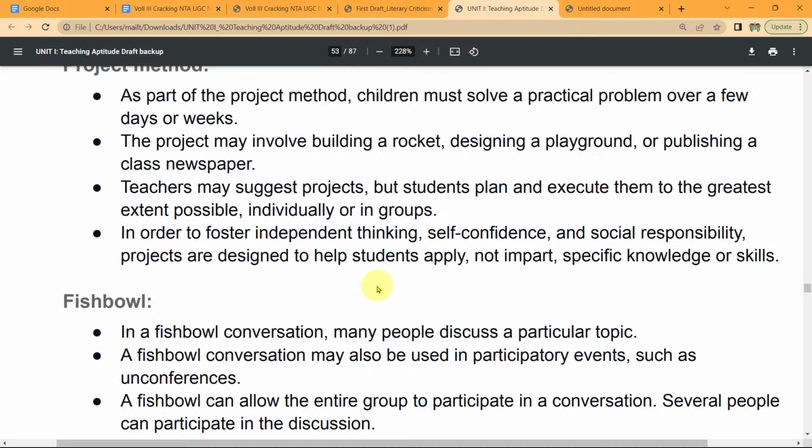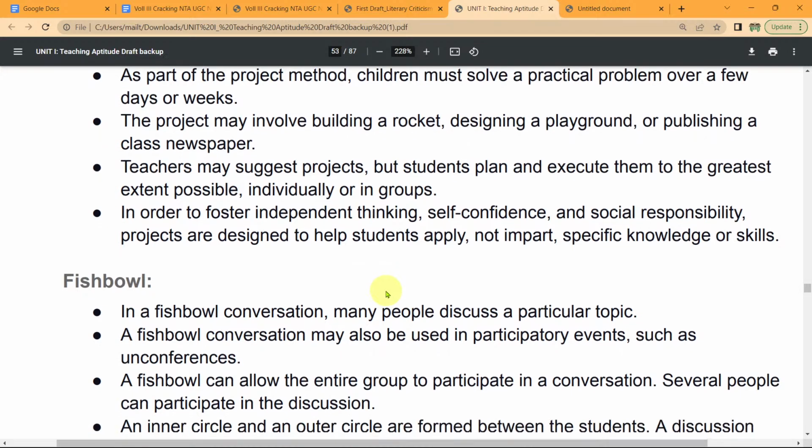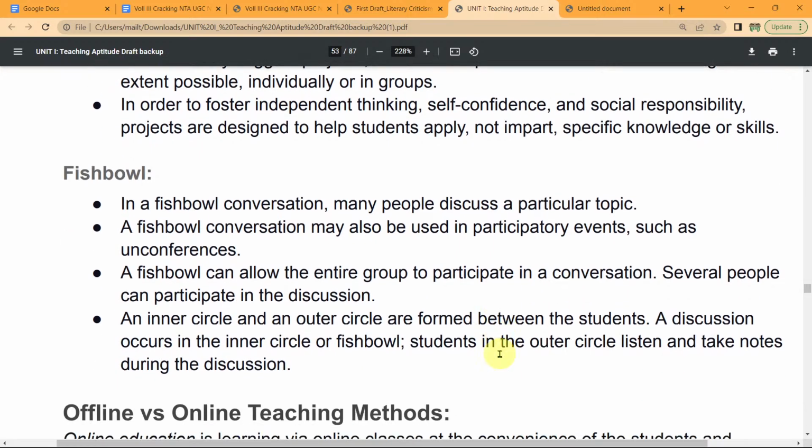Next, he will go sit back, and another person will come from the hall and talk, and everybody listens, then his turn is over, and another person comes. So through that we understand fishbowl. A fishbowl conversation may also be used in participatory events such as conferences, unconferences, and others.